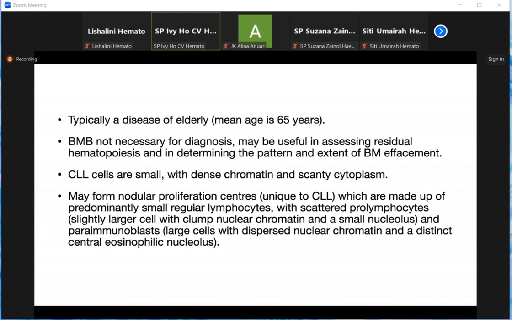These paraimmunoblasts are larger cells with more open nuclear chromatin, and they tend to have a very distinct, large central nucleolus. These cells form the proliferation center. So on low power, the proliferation center tends to be slightly lighter than the surrounding abnormal lymphoid infiltrate of CLL cells.